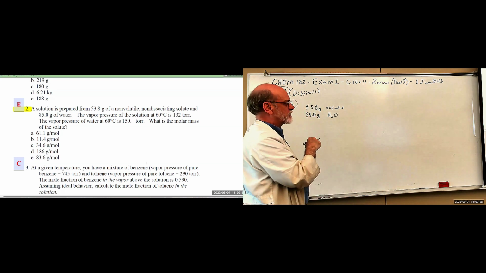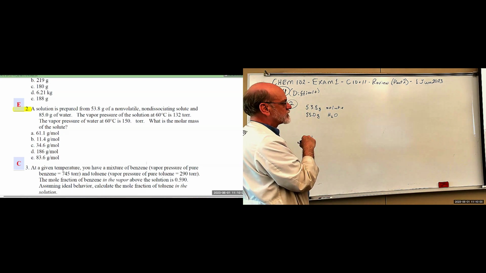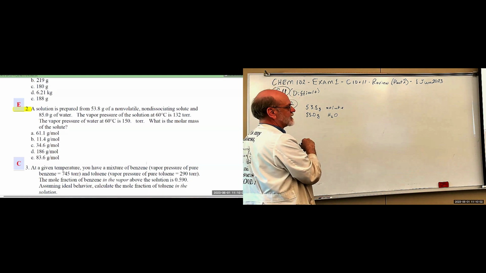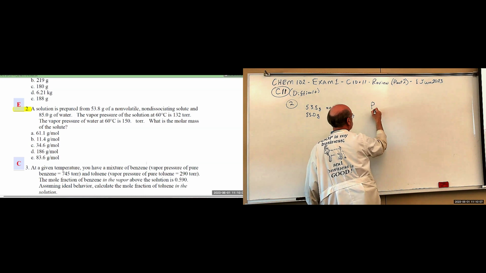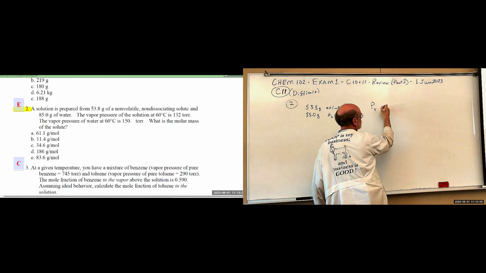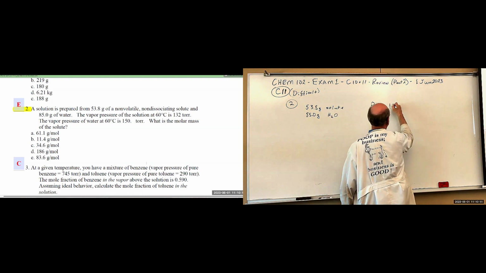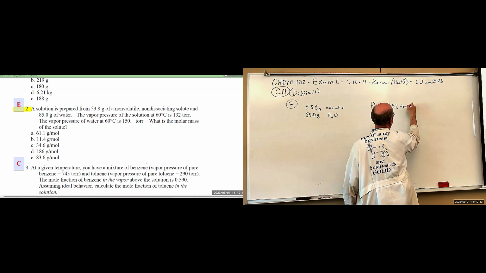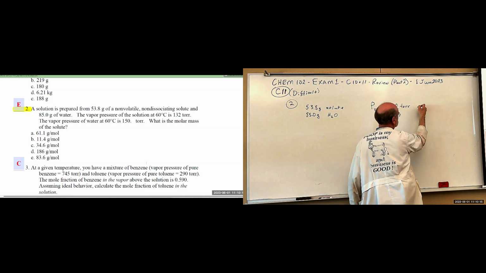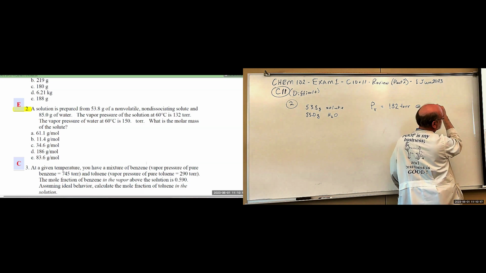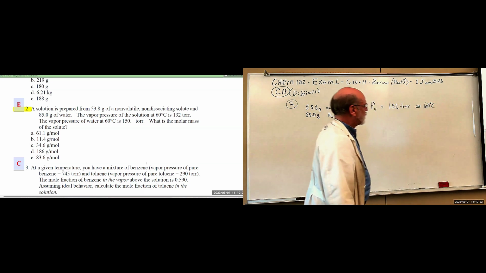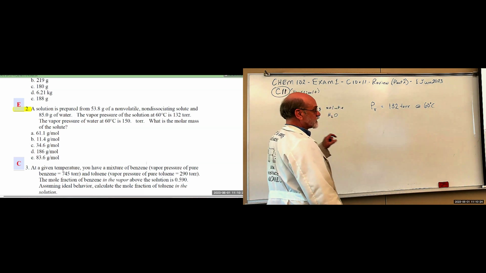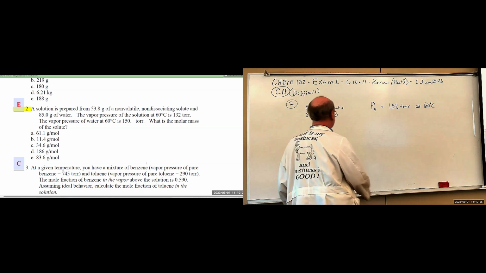The vapor pressure of the solution at 60 degrees is 132 torr. So the vapor pressure of this mixture is 132 torr at 60 degrees. The vapor pressure of water at 60 degrees is 150 torr.